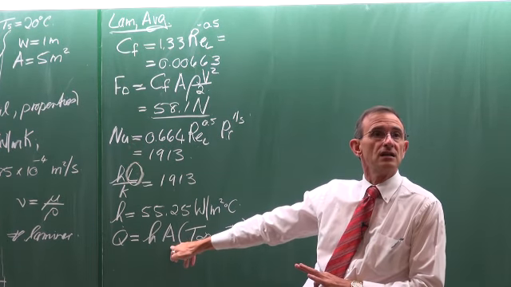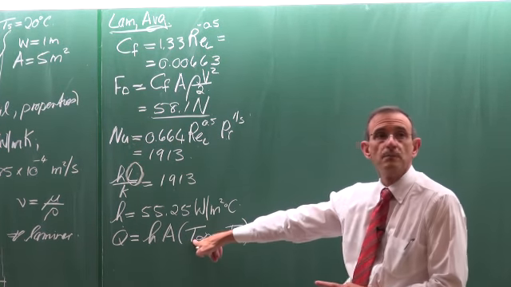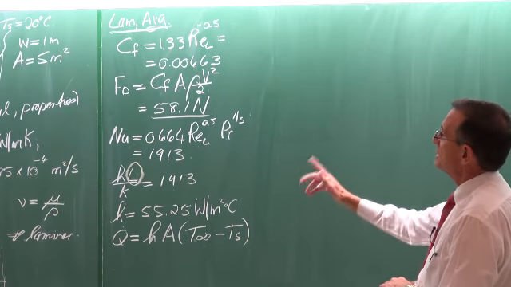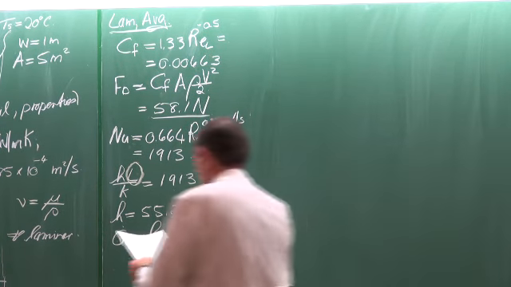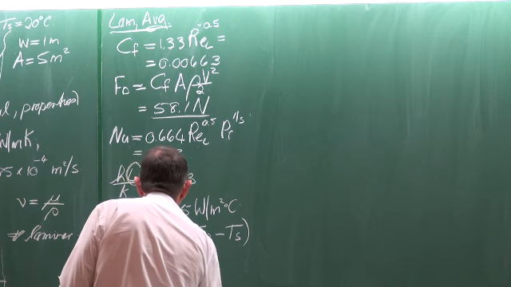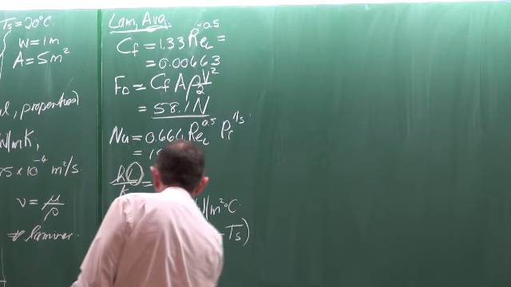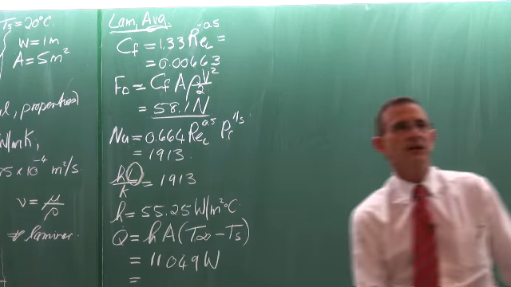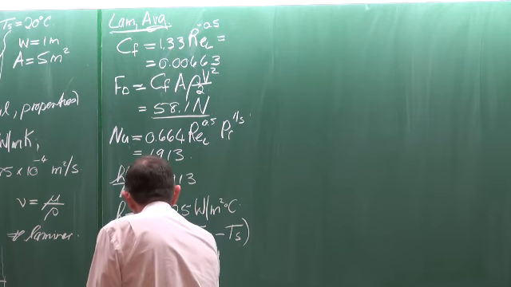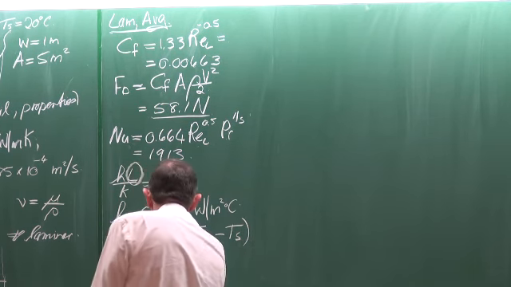The surface area is 5, and the temperature difference is equal to 60 minus 20, and then we can calculate it as 11,049 watts. Please do not write me an answer like that in the test and exam. That is 11 kilowatts.